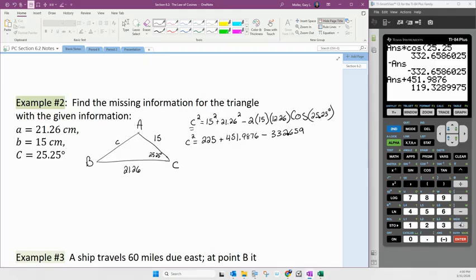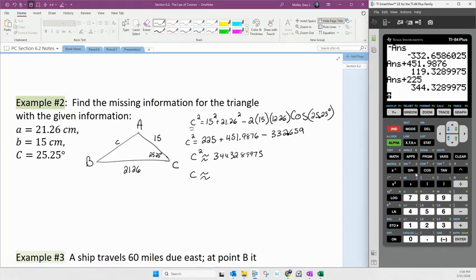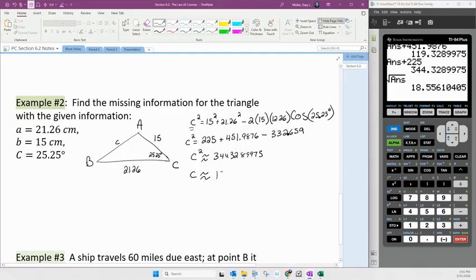And then plus 225. So I look to have c squared is approximately equal to 344.32899975, or little c is approximately equal to the square root of that number, which is approximately 18.556.